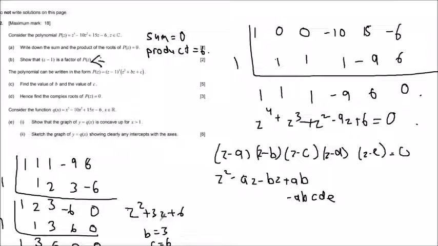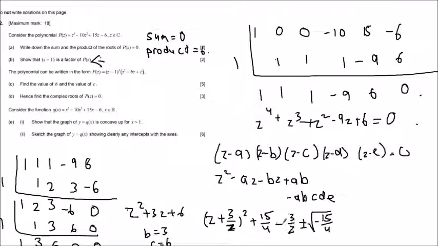We want to find the complex roots of p(z) = 0. So we can solve z squared plus 3z plus 6 equal to 0. From completing the square, we get (z + 3/2) squared plus 15/4, so we get plus or minus the square root of minus 15 over 4, and then minus 3/2.